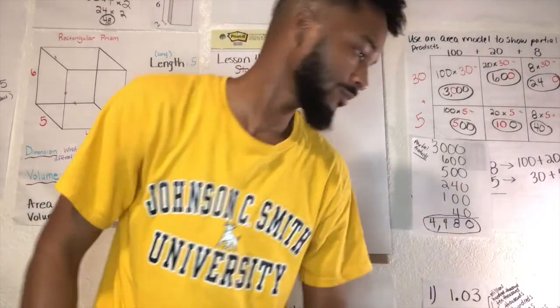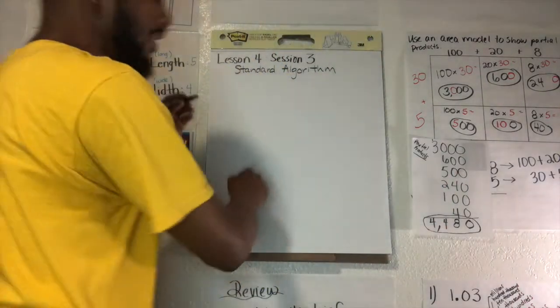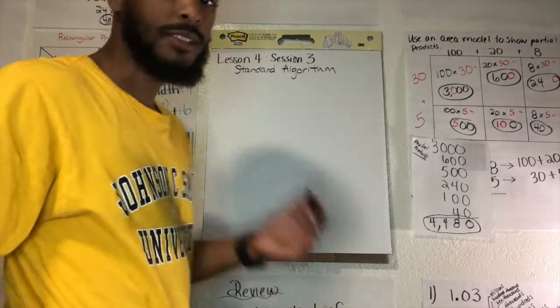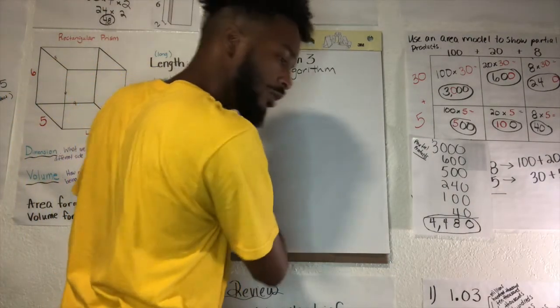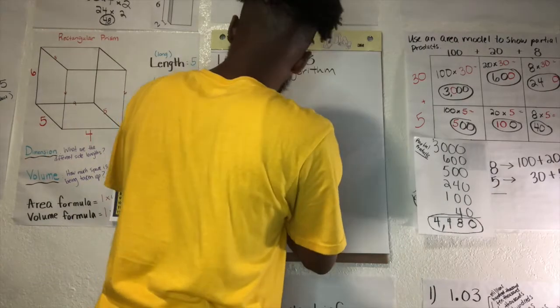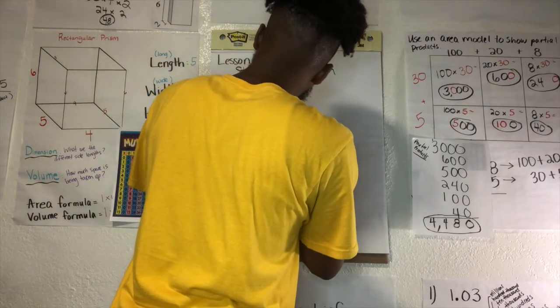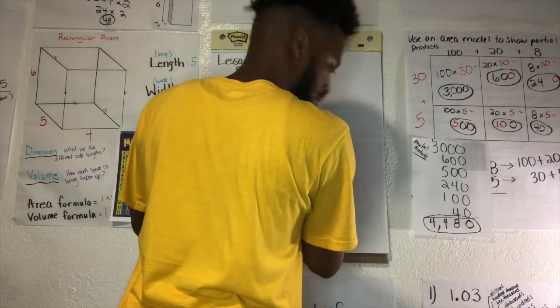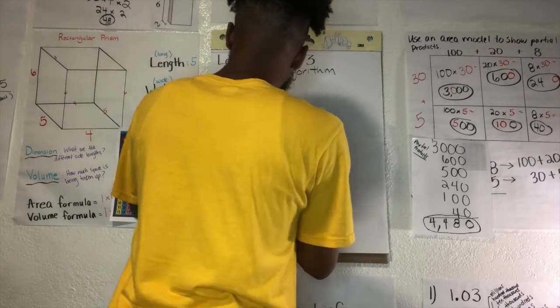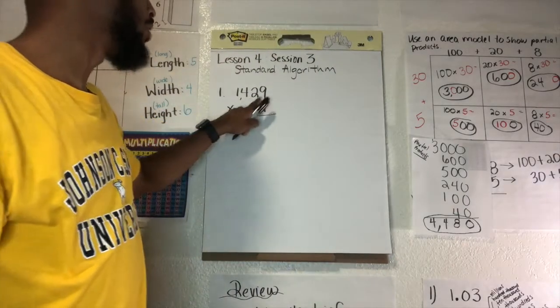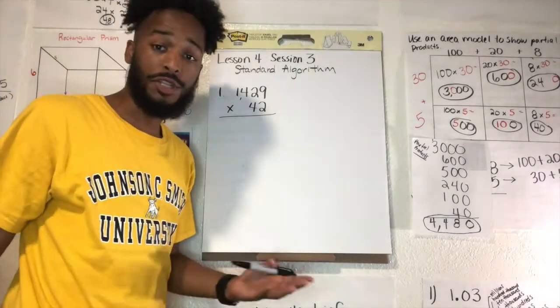All right, so for those of you who have already completed session 3, let's take a look at what we've learned. The example that we were looking at in session 3 looks something like this. We have 1,429 times 42.